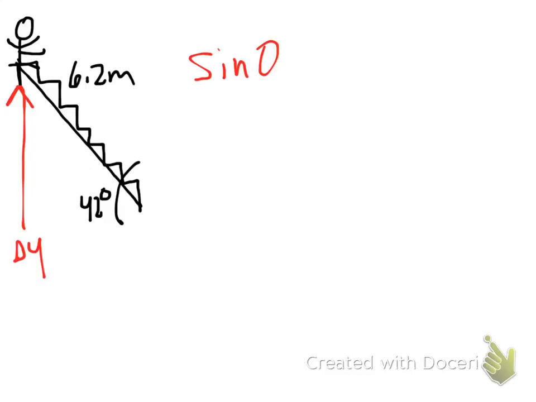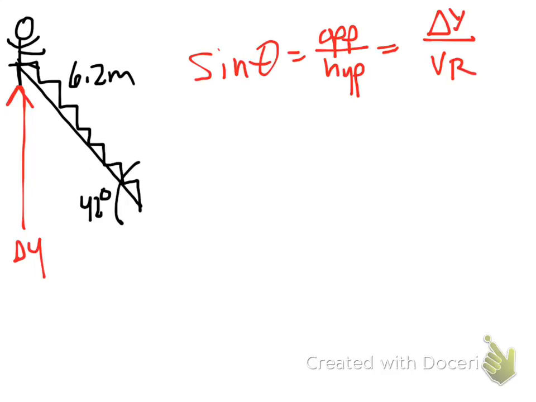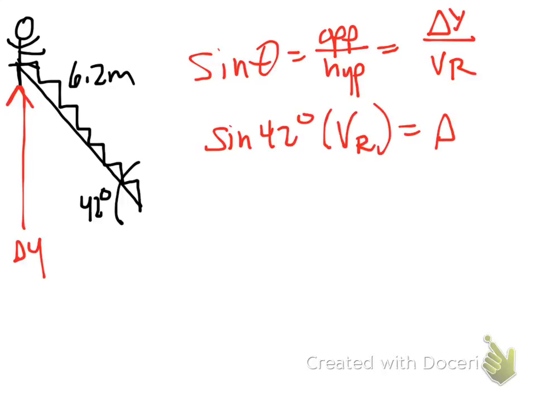Sine of theta is equal to the opposite over the hypotenuse, which is equal to your delta y over your resultant vector. So the sine of 42 degrees times your resultant vector will give you delta y.